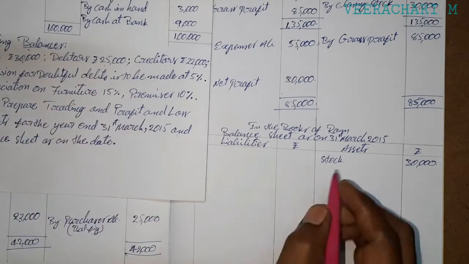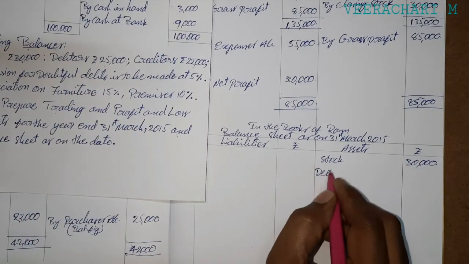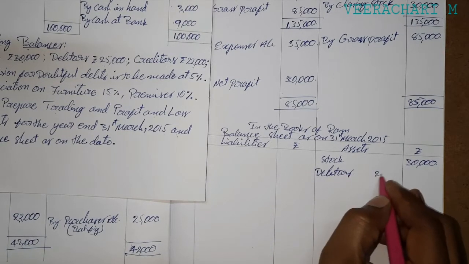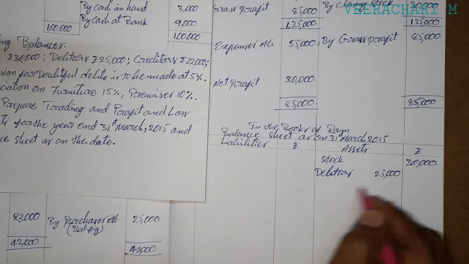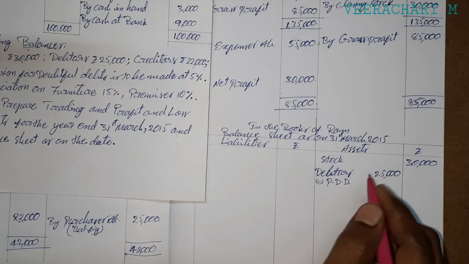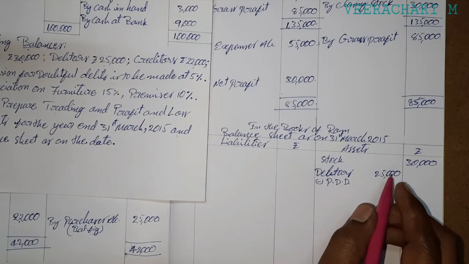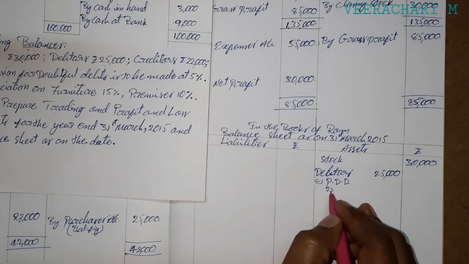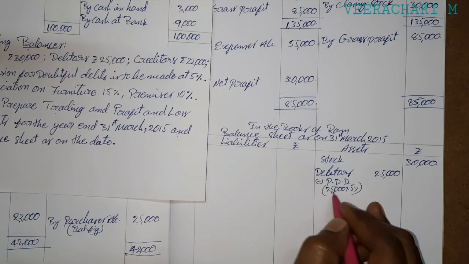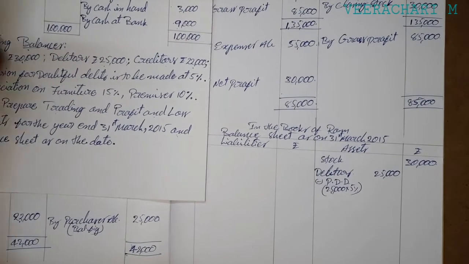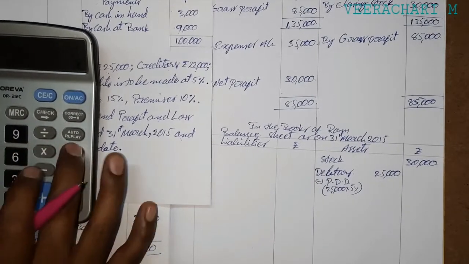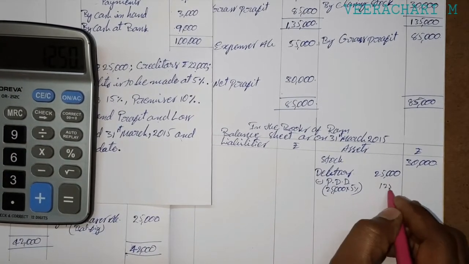Next debtors 25,000, but that is the debtors less provision for doubtful debts, it is 5%. 25,000 into 5%, which is equal to 1250.